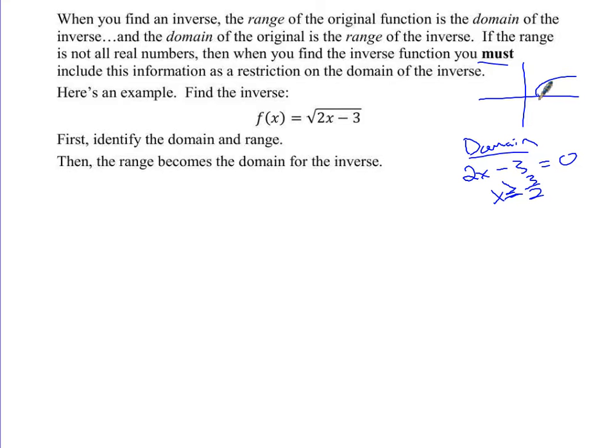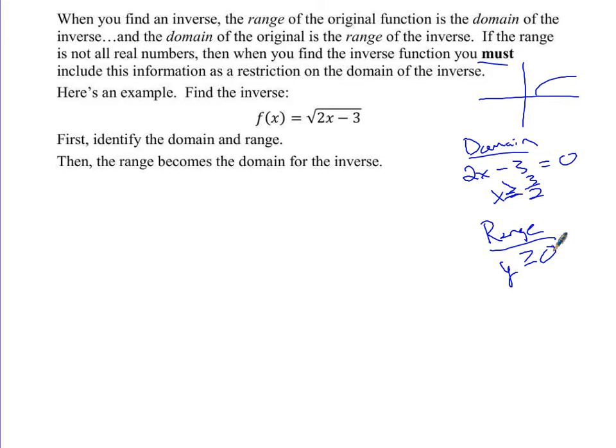So that is my starting value right there, 3 halves. Okay? So that means if I take my starting value and I substitute it into my function and I evaluate it, then I'll get my starting y value as well. And when I do that, in this case, I get 0. So the range here is y values that are greater than or equal to 0.